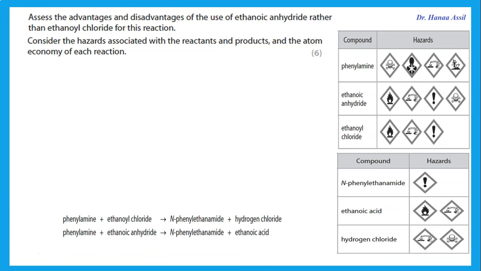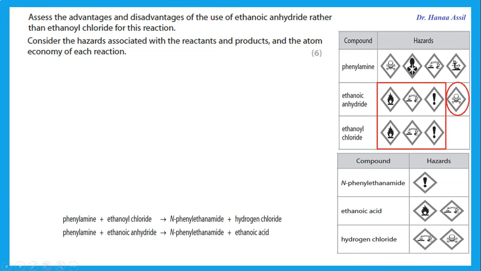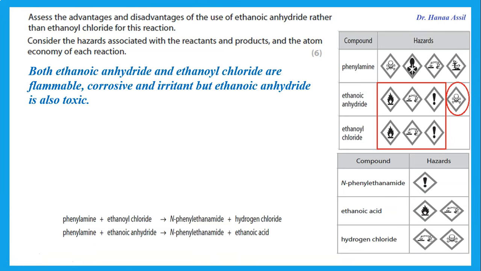So let's take a look at this. What do we have? From the hazard symbols, we can see that ethanoic anhydride and ethanoyl chloride are both flammable, corrosive, irritant, but ethanoic anhydride is also toxic, so that's a disadvantage.